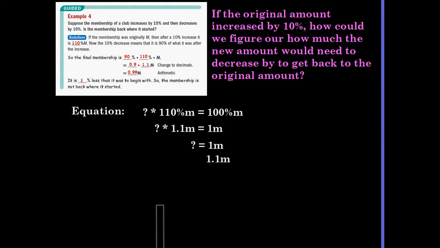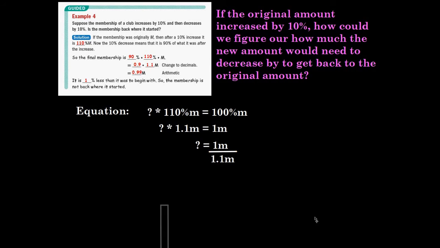And it looks like I forgot to put my fraction bar in, so let me go ahead and write that in there. All right, now on this side, I didn't write it in, but when we divided this by 1 1/10, it canceled out, leaving us with just this unknown here. On the other side, though, we still have to solve it. 1 divided by 1 1/10.